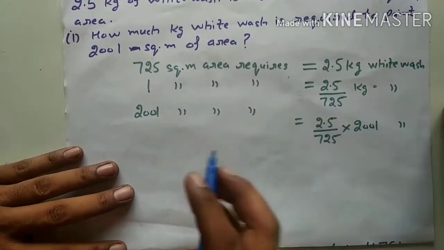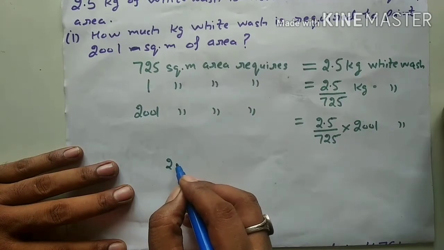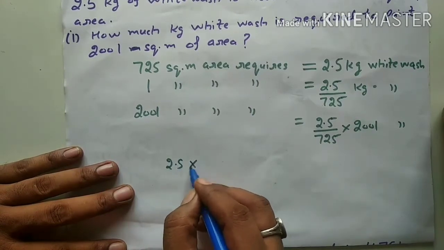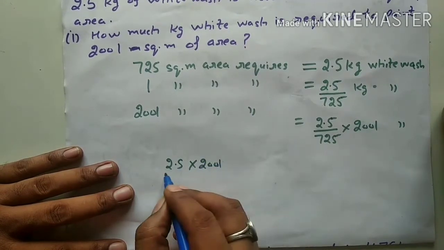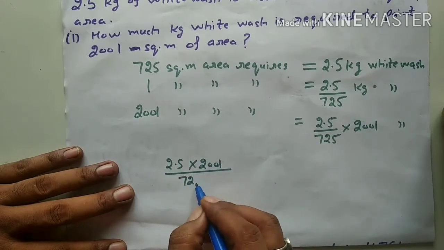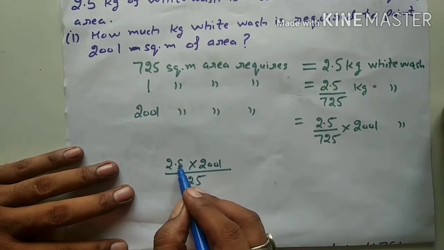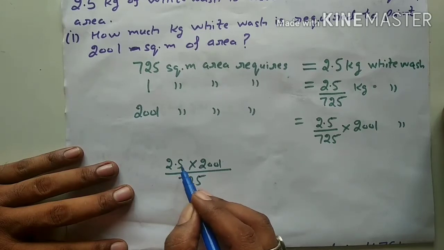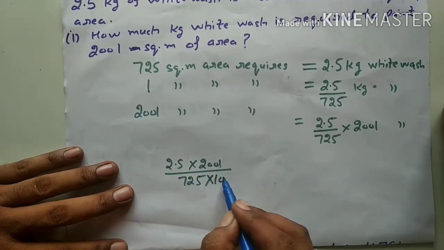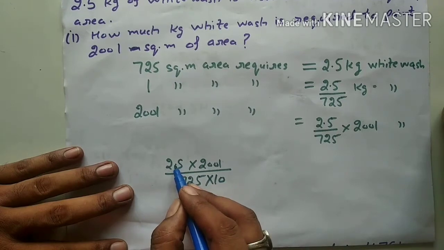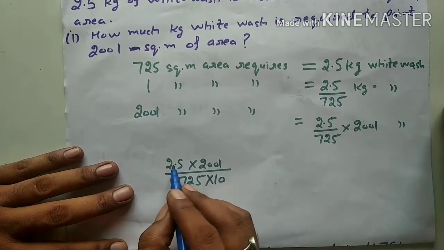Now we will solve here. 2.5 multiply 2001 divided by 725. See students, after decimal, how many digits are there? Only one. So I will write 10 and avoid this decimal.